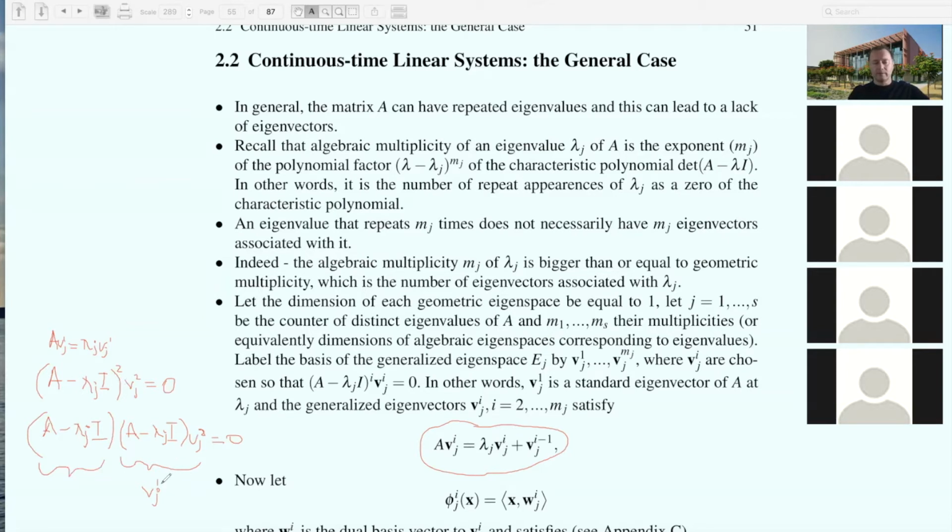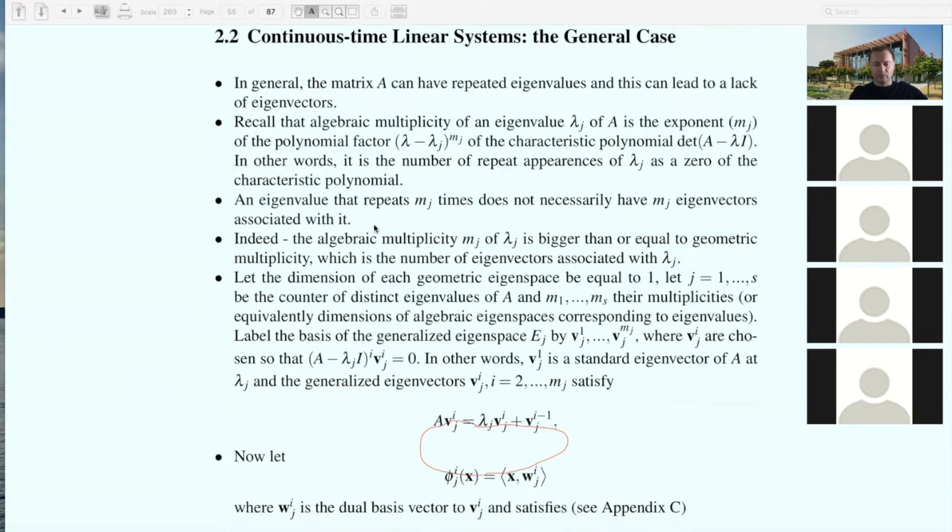That should give you an impression as to why generalized eigenvectors satisfy this equation. So this is true, obviously, for i bigger than 2 as well.